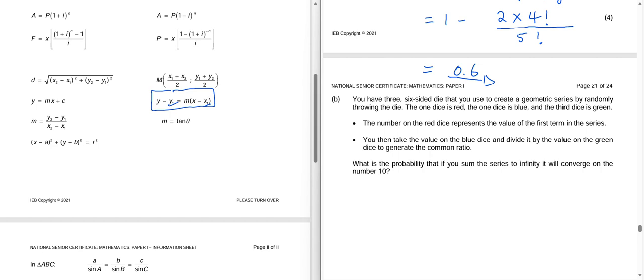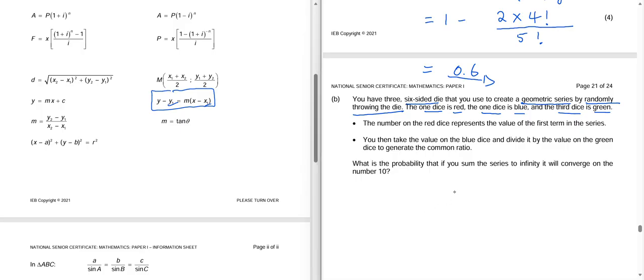Now, we are saying that you have a 6-sided die that you use to create a geometric series by throwing the die. One die is red, one die is blue, and the third die is green. Now, here is the catch.